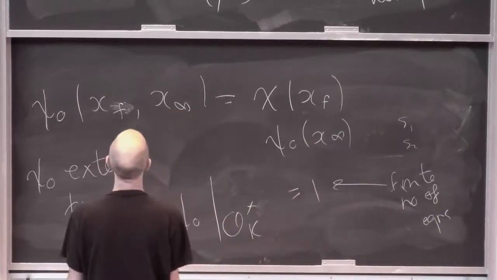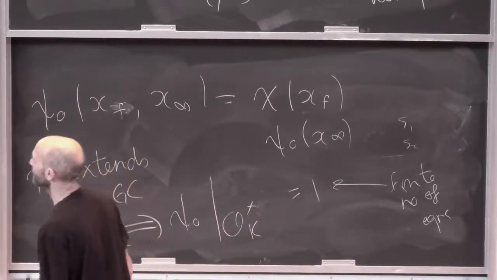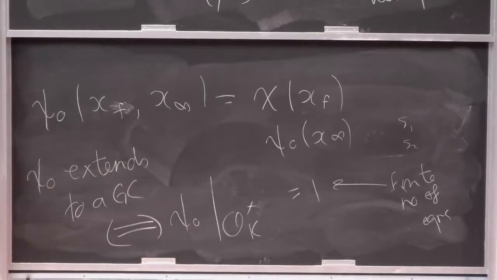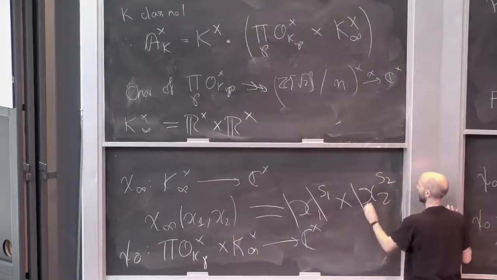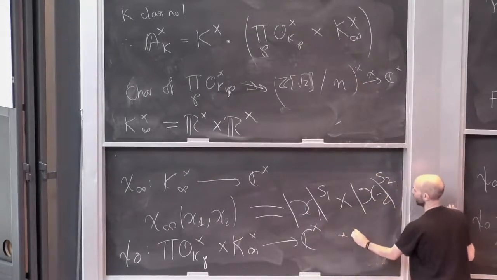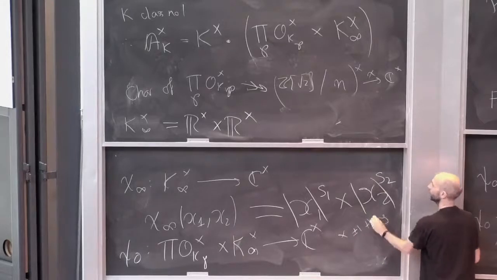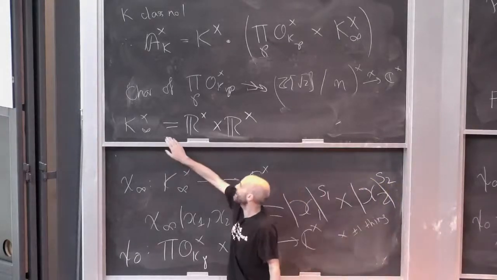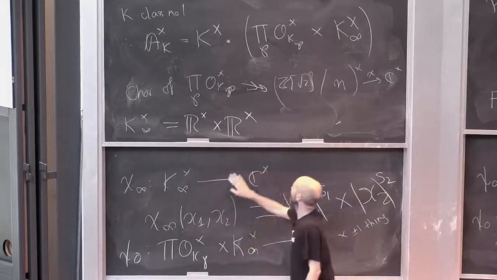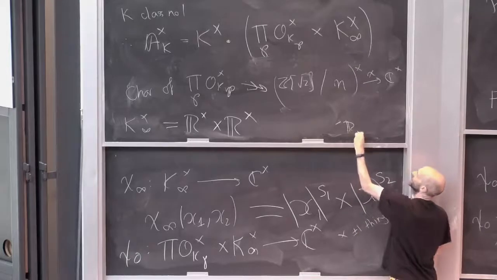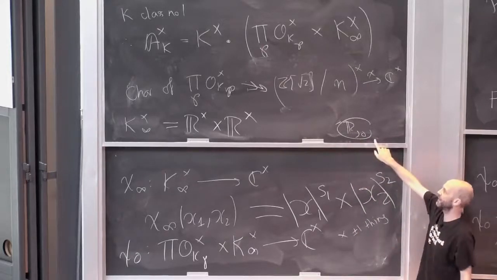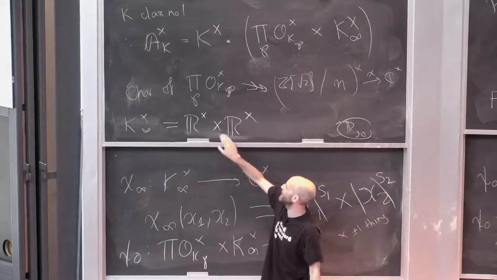I'm telling you lies, aren't I? This is not quite right, there's more noise here. R star, I'm not sure I can do this if x is negative. I'm going to have to do this with some plus or minus 1 thing. I've lied to you. The characters of R star, I think x goes to... I'd forgotten about this. We had R bigger than 0: the characters of R bigger than 0 where x goes to x to the s. I've just noticed this is a little bit bigger than the positive reals.